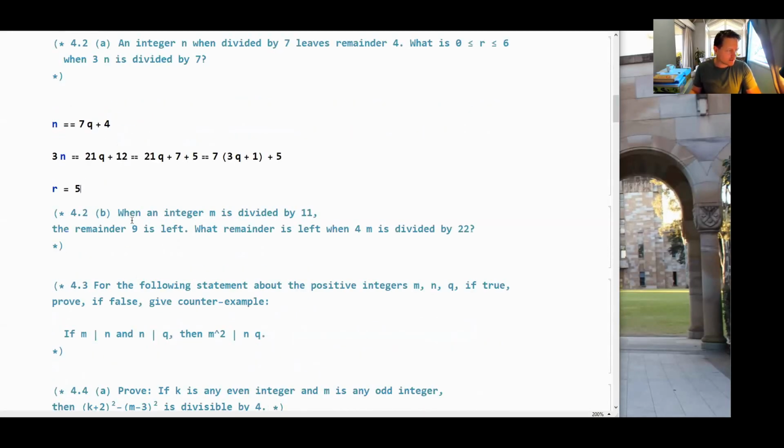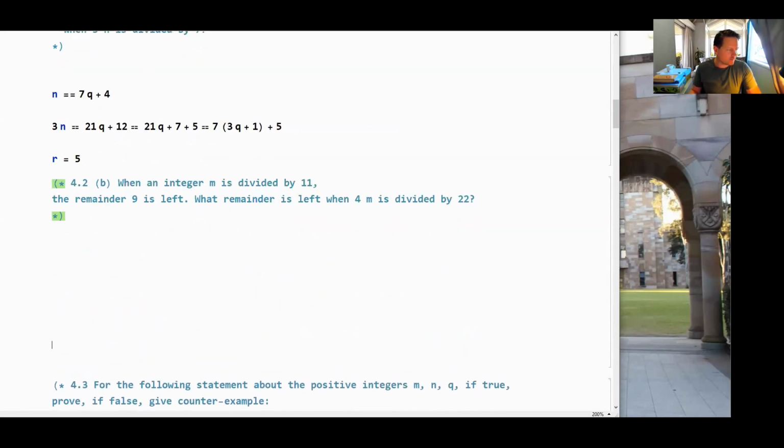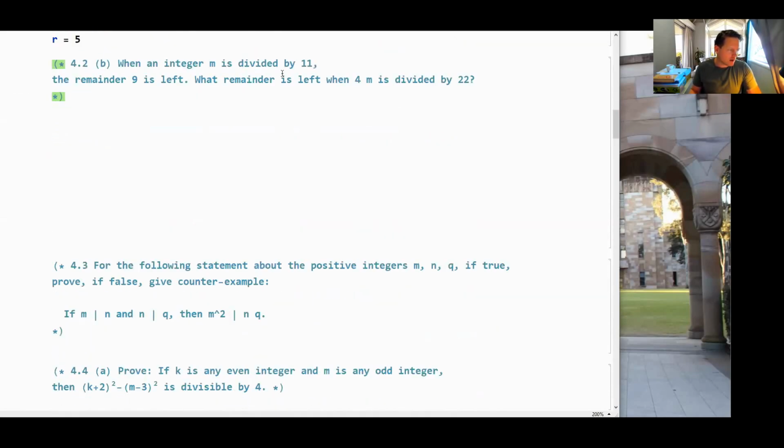Okay, let's look at the next one. Now, ordinarily, if I were doing a tut in class, I would just get you guys to do some of the problems, but I found that with online tuts, it just doesn't work so well as I'd like. So unfortunately, this is a little bit more like a lecture. Of course, I'd rather give you a chance to work on something and let me see where you go wrong.